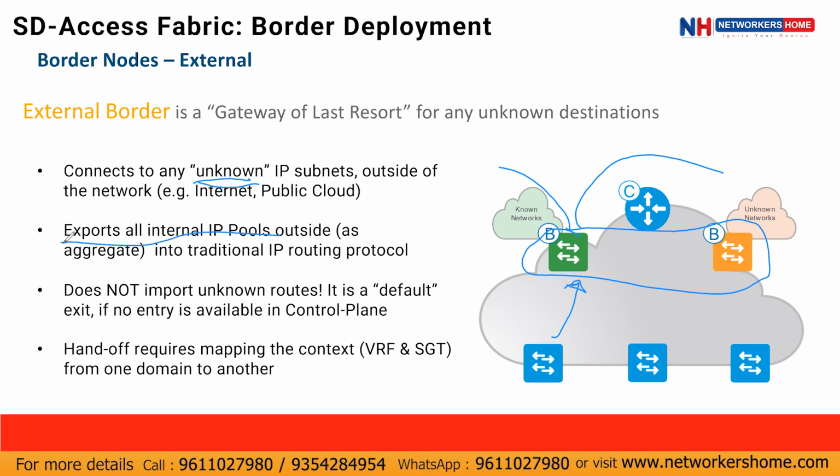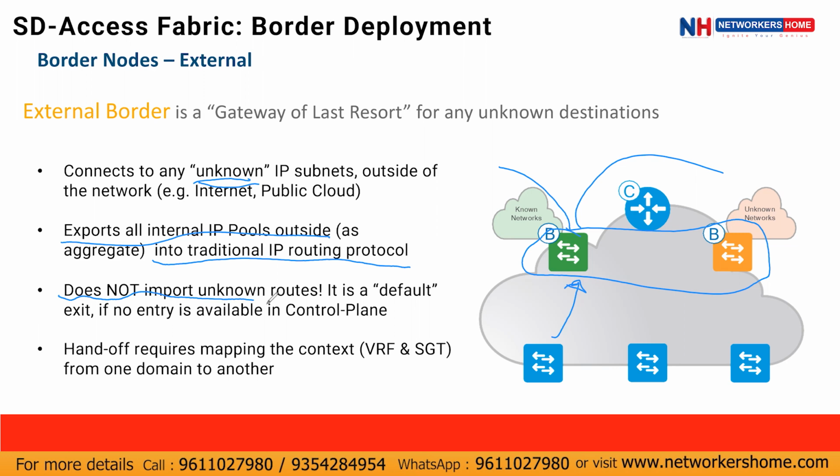It exports all external IP pools outside into the traditional IP routing protocol. As we discussed, we need to connect it to the data center via any routing protocol, or it has a firewall, and then it goes to the outside world.